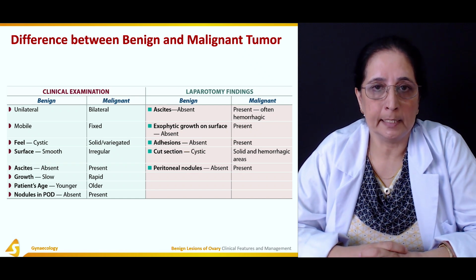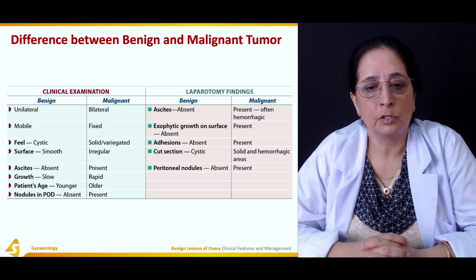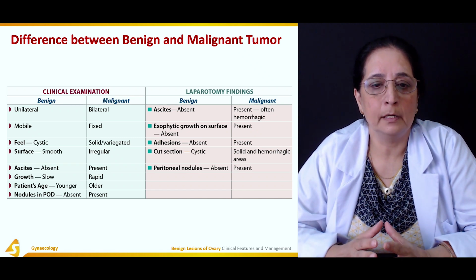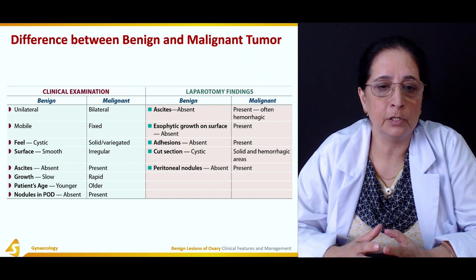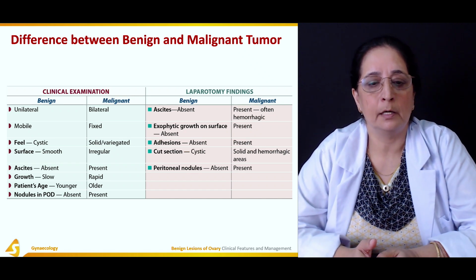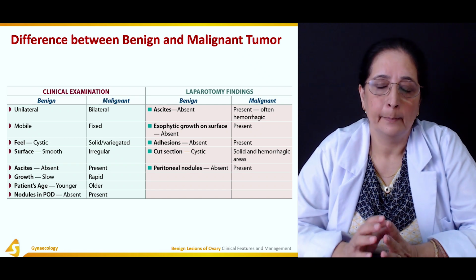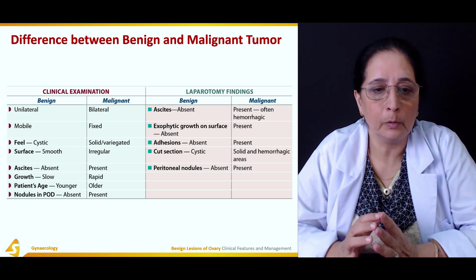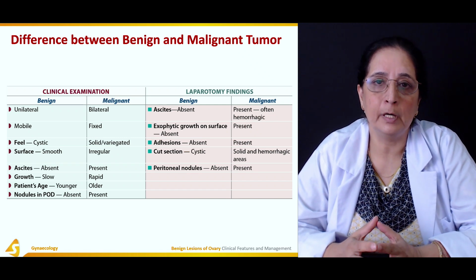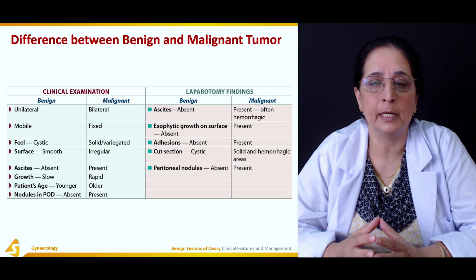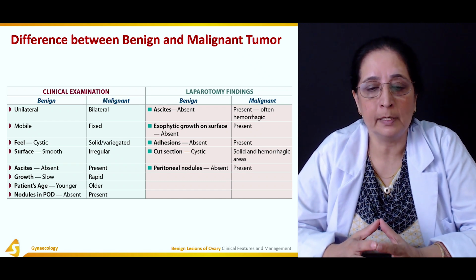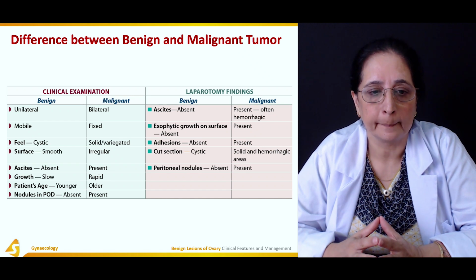Benign are cystic, malignant are solid. The surface on clinical examination of benign tumors is usually smooth, but in malignant it is irregular. Ascites, or presence of fluid along with the tumor, is absent in benign, but common in malignant tumors.